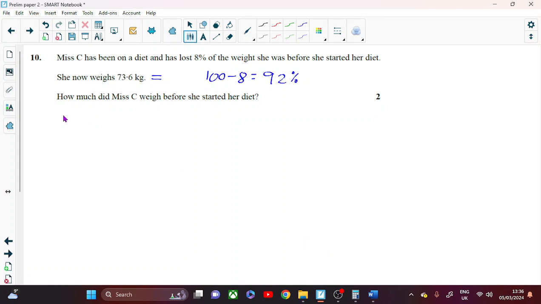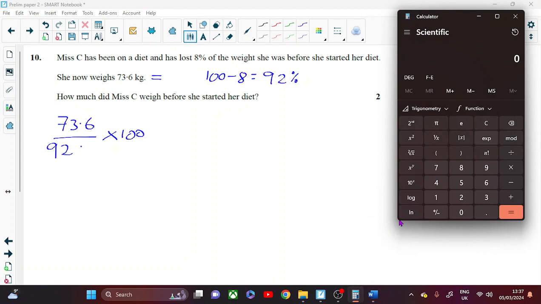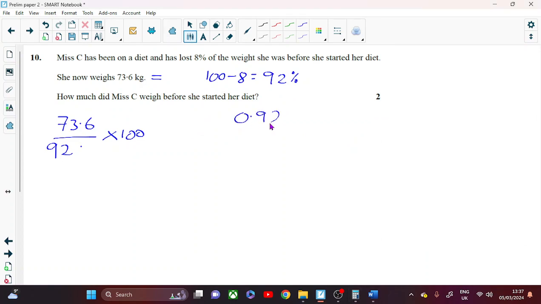So that's our 73.6, and we are going to divide by our 92, and times by 100. Or if you prefer, you could do it as 0.92 as your divider.